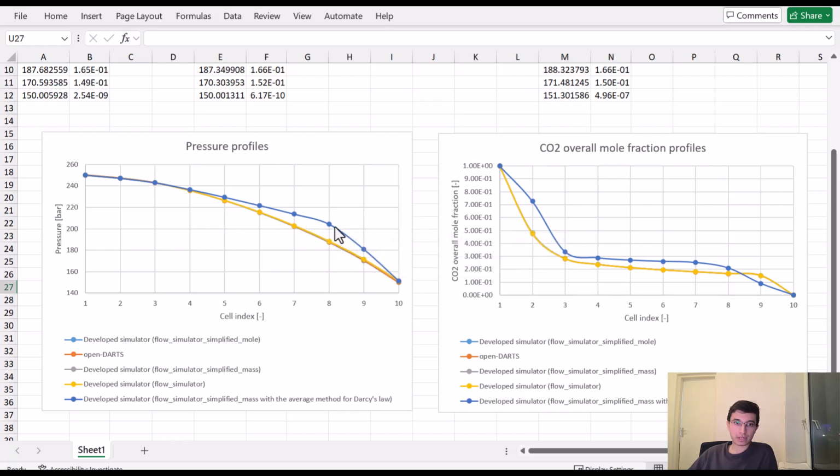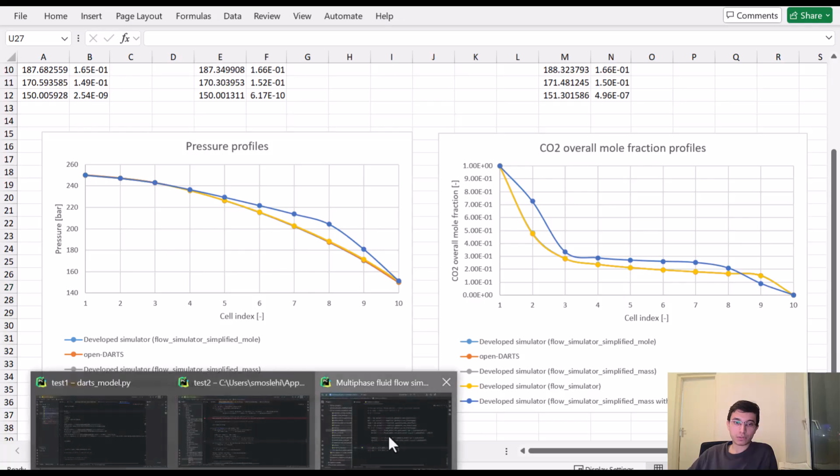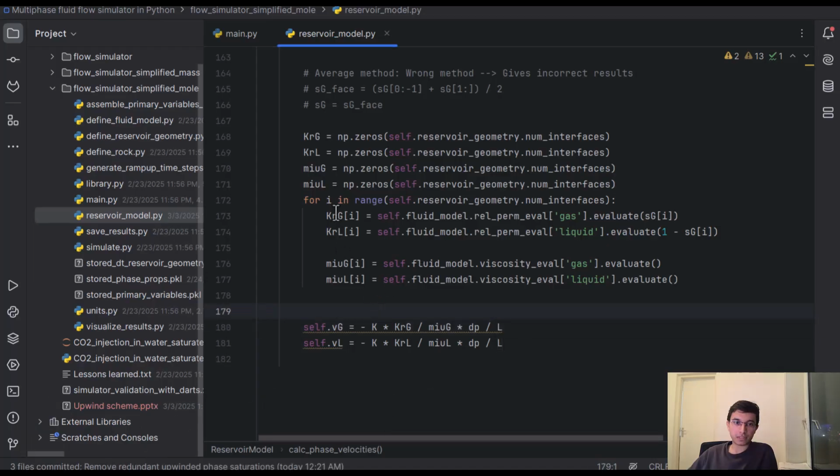But what you see here is when I don't apply the Upwind scheme in the Darcy's law. If I don't apply the Upwind scheme in this part on KRG or mu G, which is actually independent, the Upwind scheme doesn't matter here.